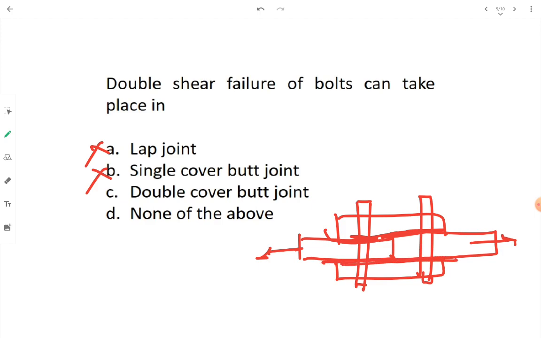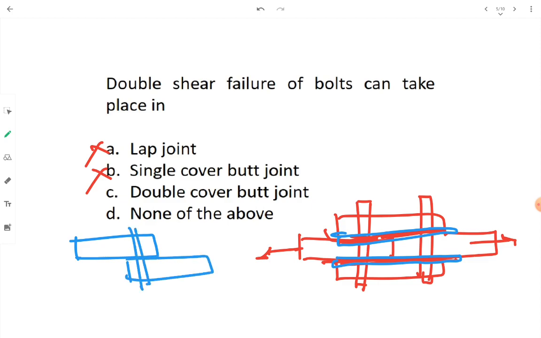Let's change the pen color so that we can have clarity over here. This is the first shearing plane and this is going to be the second shearing plane. In the case of the lap joint or single cover butt joint, the shearing plane was one, like this. This was the single shearing plane through which the bolt underwent shear.